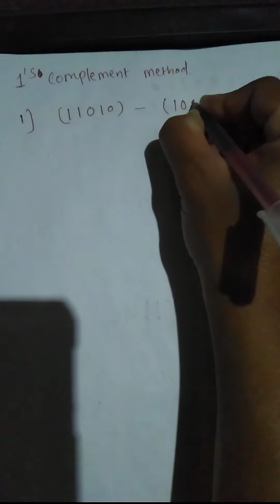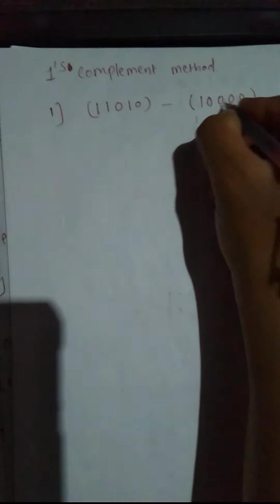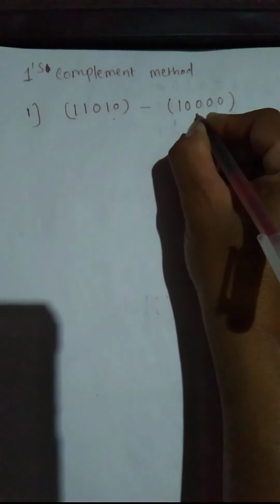Take one problem for the ones complement method: 11010, this is the first number, minus 10000, this is the second number. This is the A number, this is the B number.